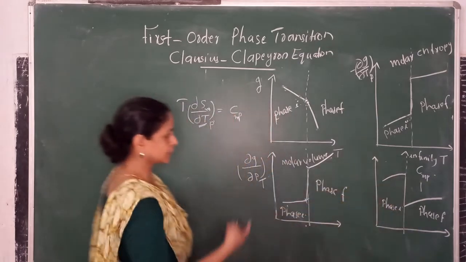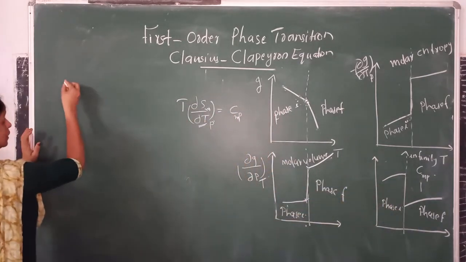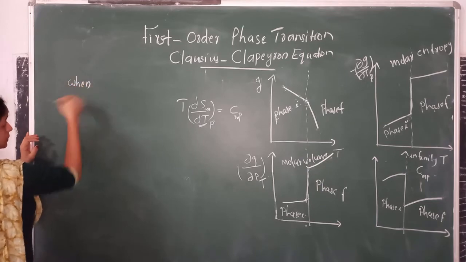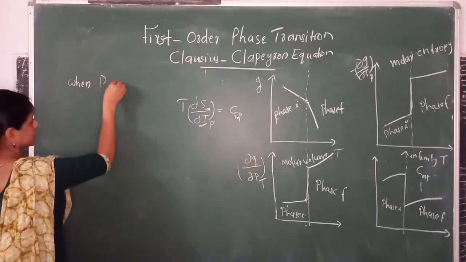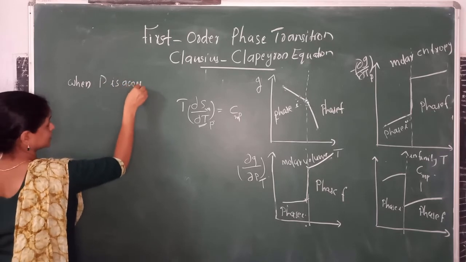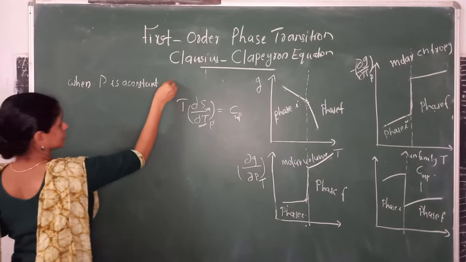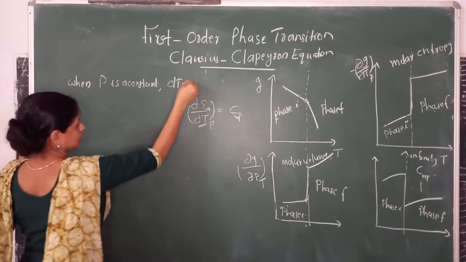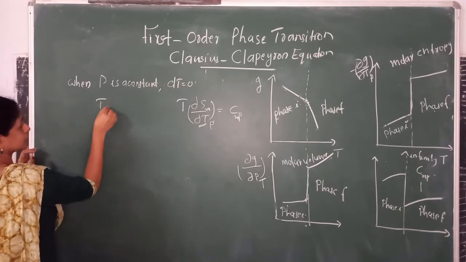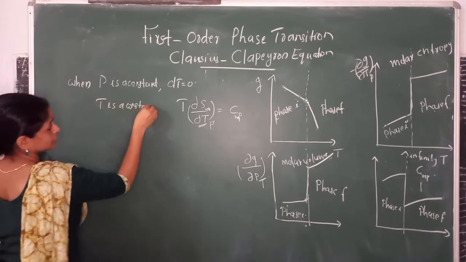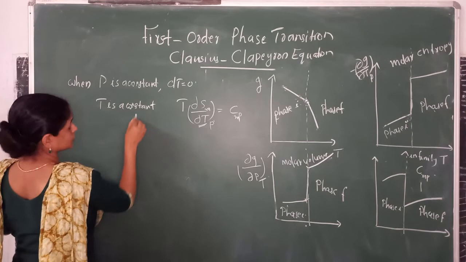That means at that particular temperature, when P is a constant, dT is 0, and when T is a constant, dP is 0.